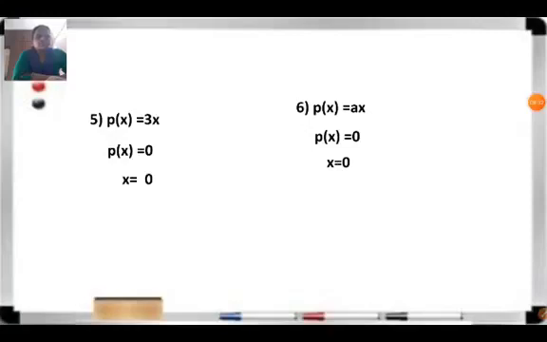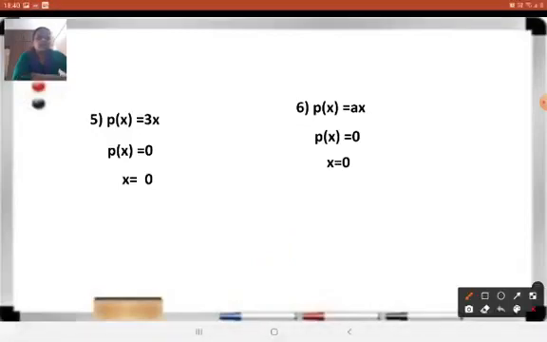See question number 5. P of x equal to 3x. So what is p of x? We have to consider it here as 0. So 3x is equal to 0. So x is again 0 upon 3, which is 0. Similarly, you can see question number 6. In question number 6, p of x is equal to ax.